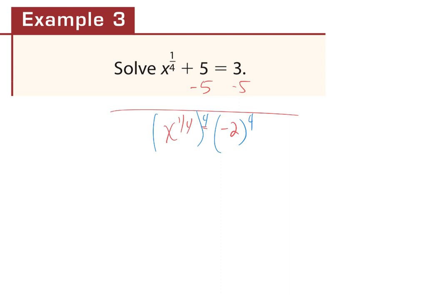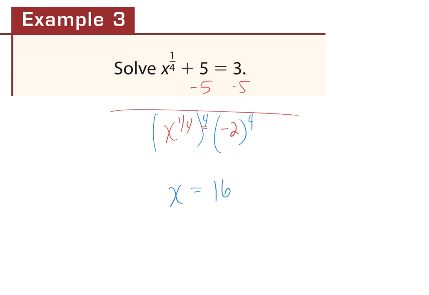So on the left-hand side, that x is now by itself. Negative 2 to the fourth power is what, 16? So according to this, my answer is 16. I have a little bit of a problem though. When I test this, you're going to double check this and see what happens.